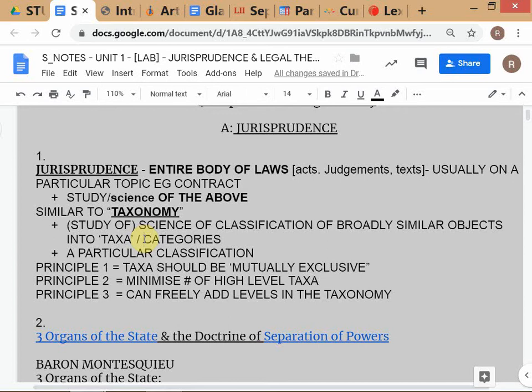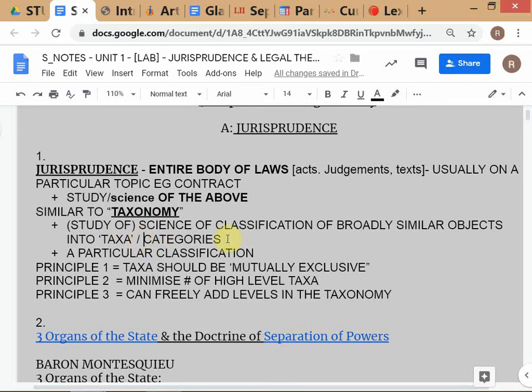So is this clear? The use of the word taxa also, that's another new word for many of you probably. So the taxa must be mutually exclusive. You can't have a taxonomy saying LLB, LLM, females. Taxa is just categories. So in any taxonomy you will have taxa, basically categories.